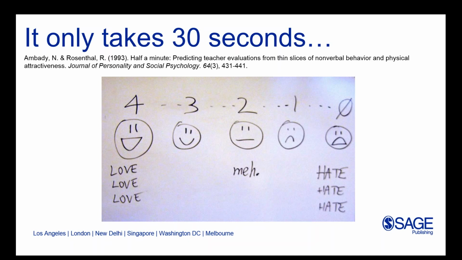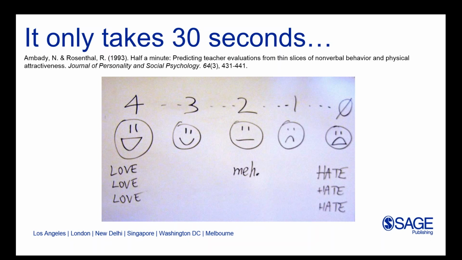And the students were supposed to rate the teachers on a lot of these nonverbal behaviors that I'll show you shortly. Then what the researchers did is use that data on nonverbal behaviors to predict the teaching effectiveness at the end of the semester. In other words, they were using the course evaluations at the end of the semester.